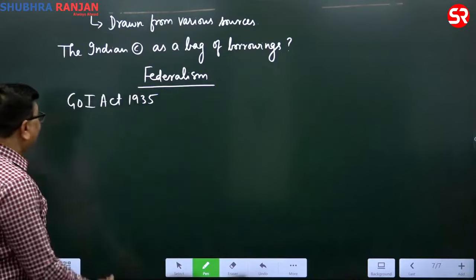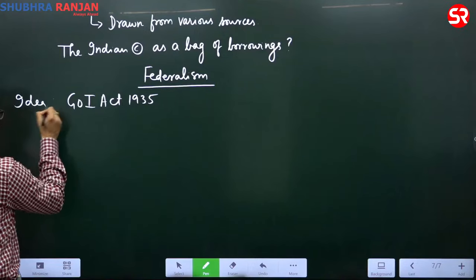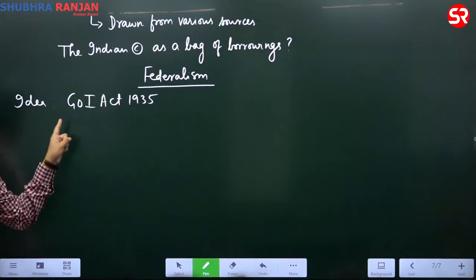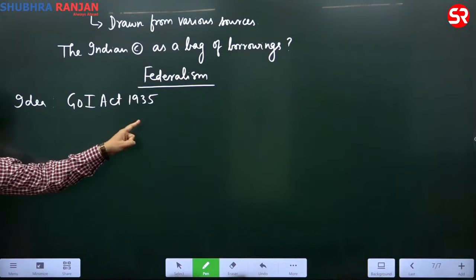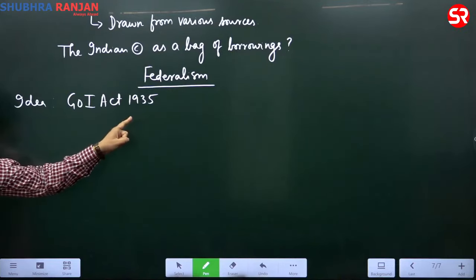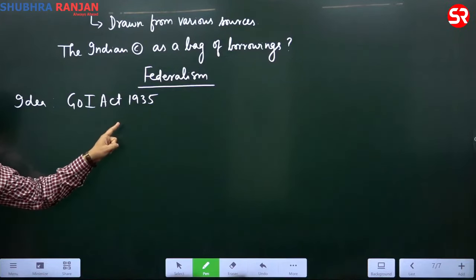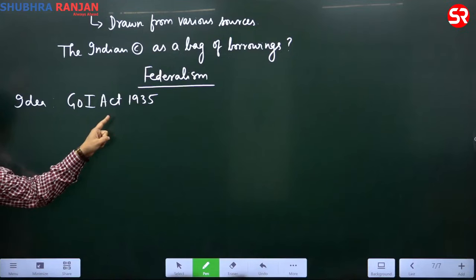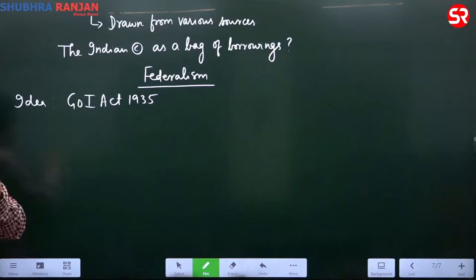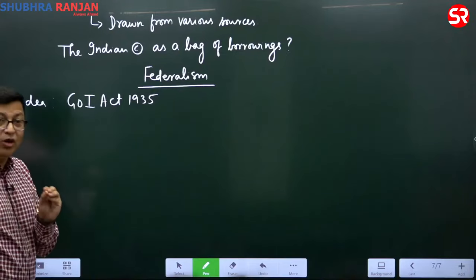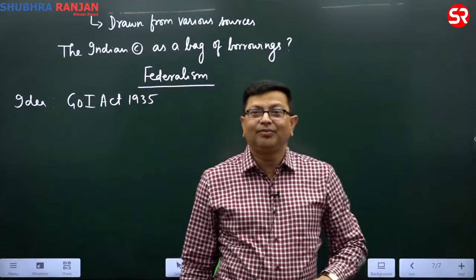So the idea that there should be two sets of government was there in the Government of India Act 1935. We have not taken it from America. The idea was there. The Indians were knowing this system, that we have got the British authority and we have got the provinces. Then we did not exactly copy the American system.